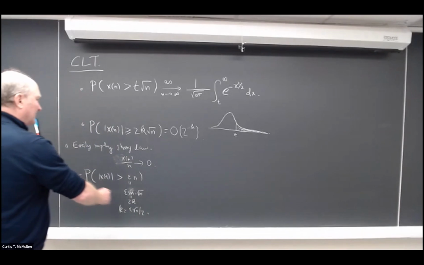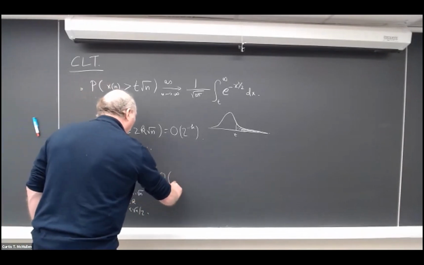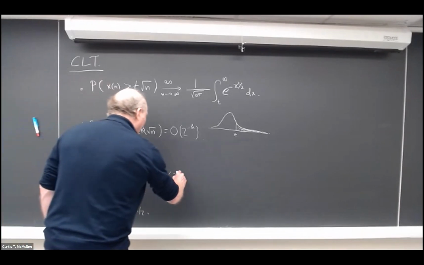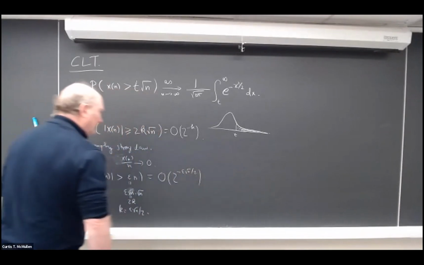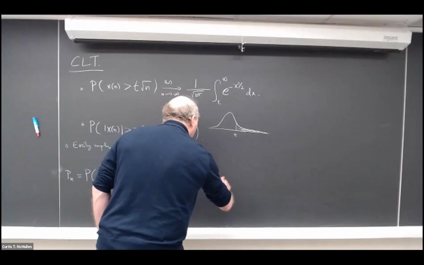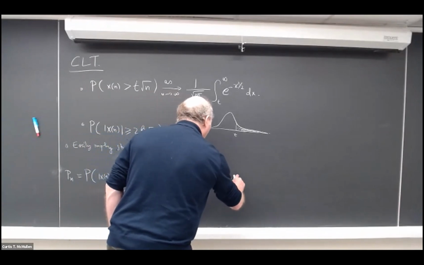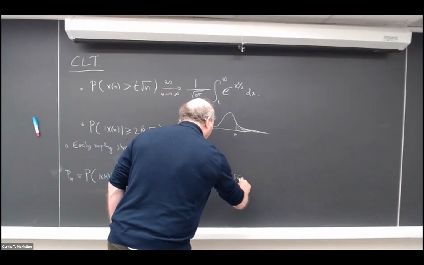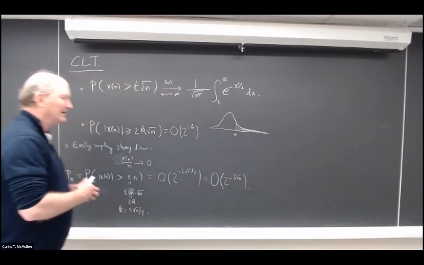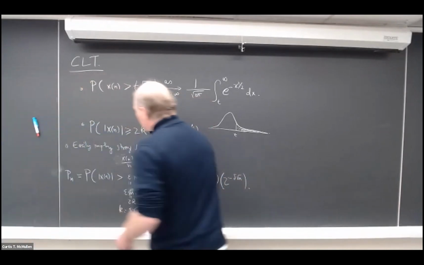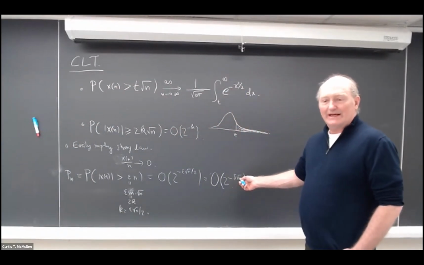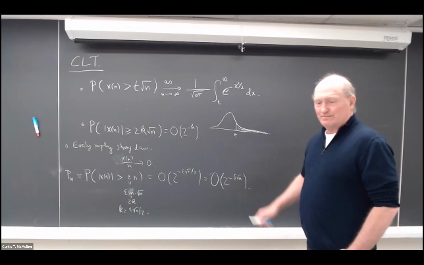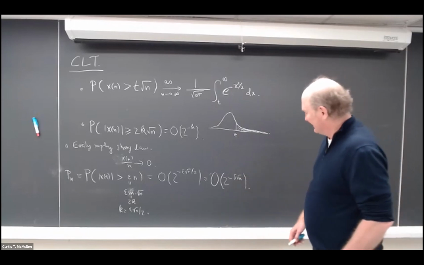And so we would get that this probability is big O of 2 to the minus epsilon square root of n over 2. All you have to remember is it's big O of 2 to the minus some delta times the square root of n. Now, it's true that 2 to the minus square root of n does not go to 0 exponentially fast, but it goes pretty fast anyway.